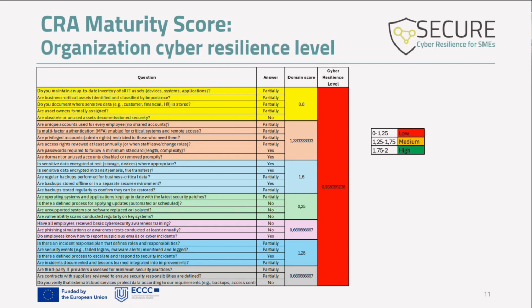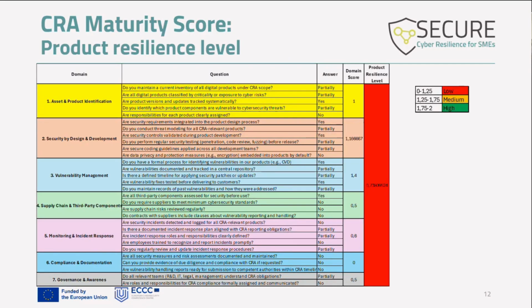Let's review now the CRA Maturity Score tool, which allows you to assess your level of cybersecurity and compliance with the Cyber Resilience Act. The CRA Maturity Score surveys cyber resilience at 2 levels. First, at organization level, and secondly, at PDE level.